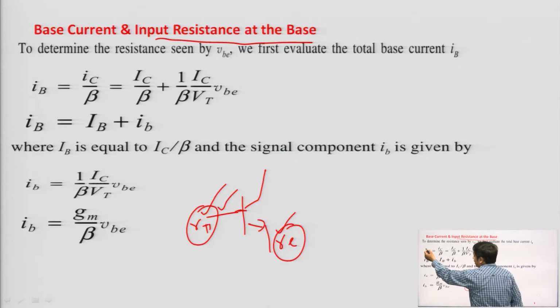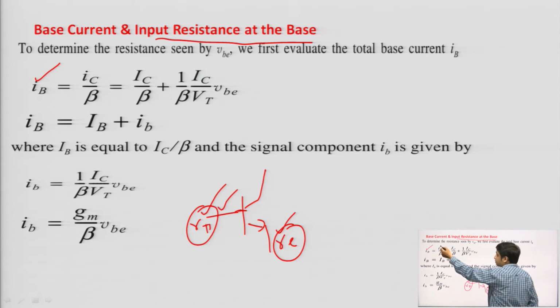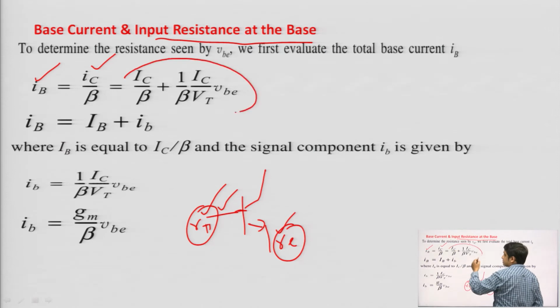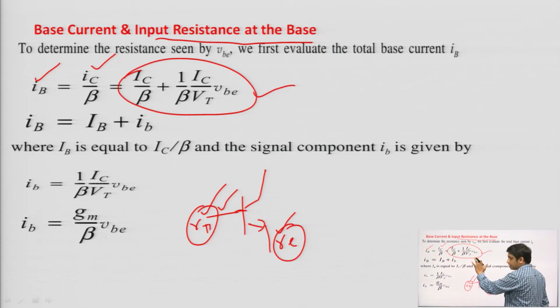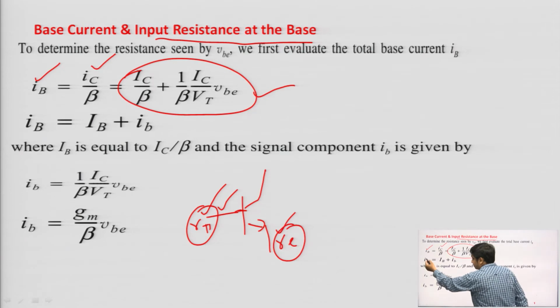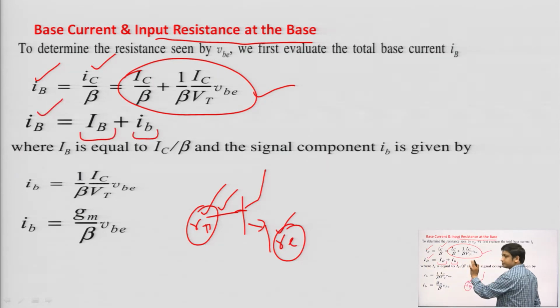This is small ib, the base current, that is equal to the collector current upon beta. I have already discussed this equation at the starting of this class, you can refer to it or directly put that equation here. We can say that your total base current is equal to DC base current plus base current due to the AC signal, fine.